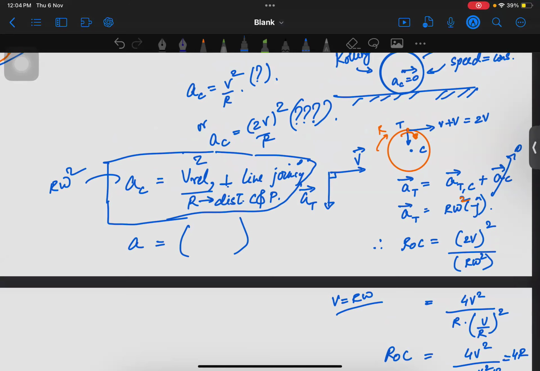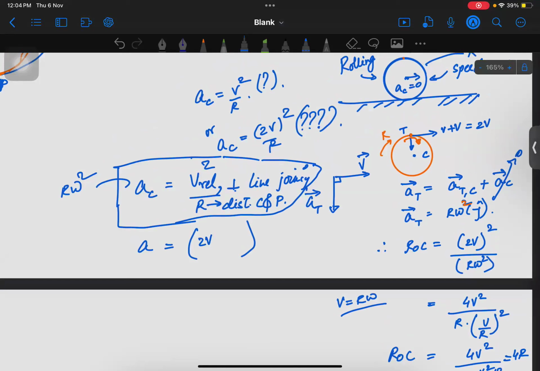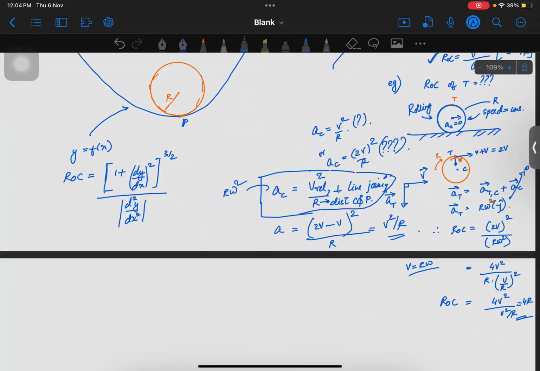The relative speed. 2v to the right side minus the velocity of the center to the right side, square of this one, divided by what is the distance between the center and that point? R. Yes, this is the correct one. v square by R. Fine. So therefore, if you use this expression, then also it will work out. You should get the same result over here. Fine. This part is clear, no doubt further.